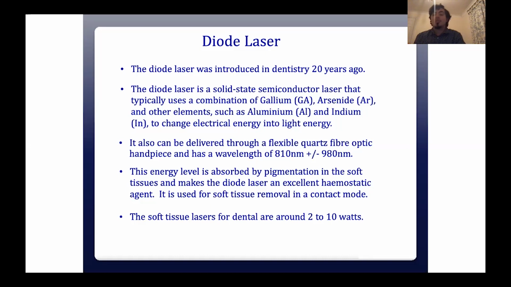And in terms of the actual power, we're using powers anywhere from 1 watt all the way up to 10 watts in some cases. And we can change the pulsation on there, and we'll talk about that slightly later.